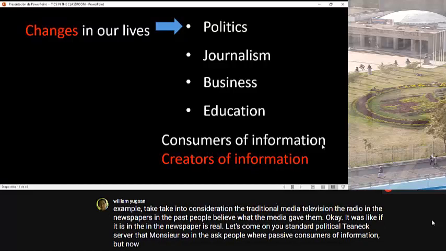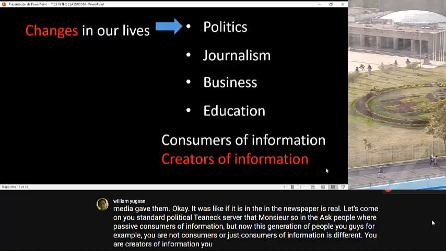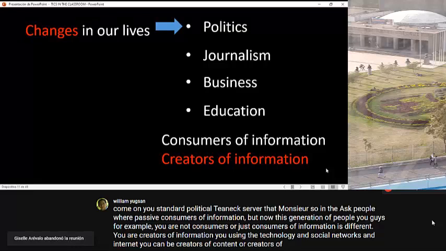But now, this generation, you guys, you are not just consumers of information. It's different. You are creators of information. Using technology, social networks and the internet, you can be creators of content or information. That is the big difference.